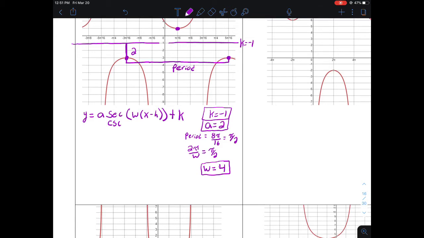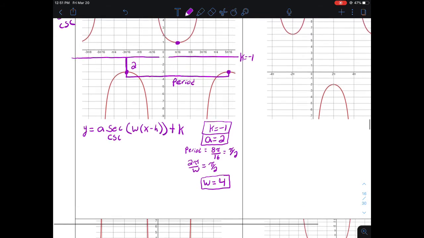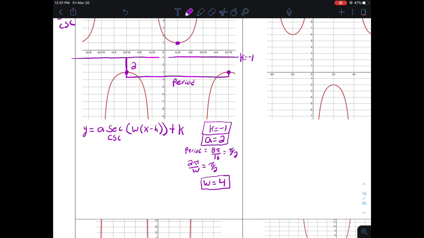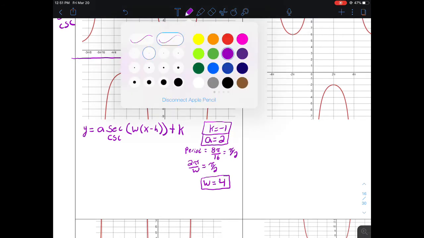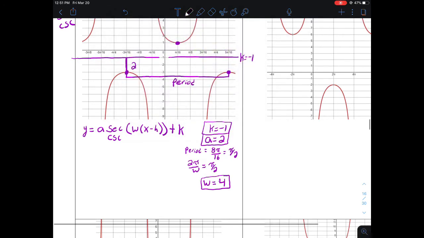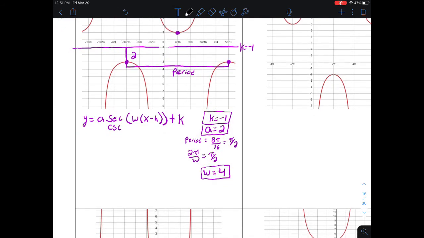So to write our equation, we would need to use some kind of reference x value, and I don't have these pre-written. So I'm going to pre-write my reference x values now so we can write an equation. So let's use the reference x of, let's go negative 3 pi over 16.